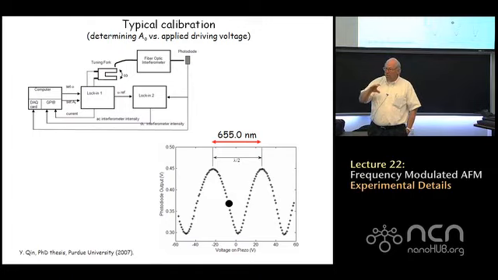Well, once you know how many millivolts applied to the tuning fork corresponds to how much amplitude of oscillation of the tuning fork, then you're fixed. You're set, right? That's the important calibration number.